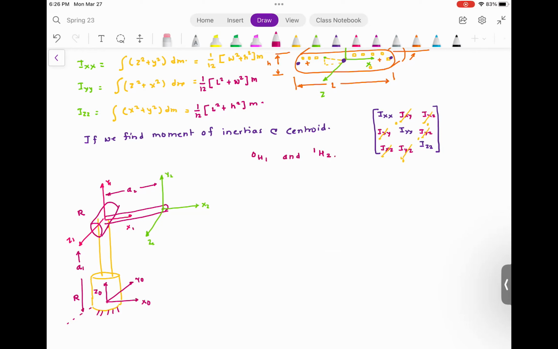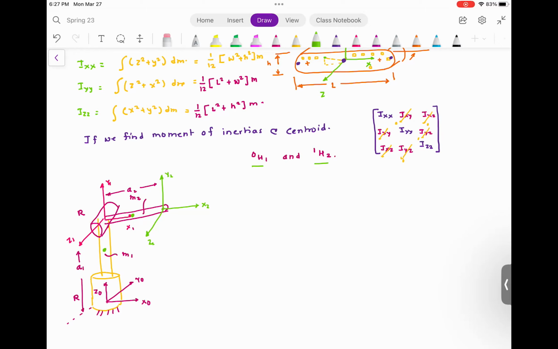Now here I have two links: the link with mass m1 and the link with mass m2. Mass m1 of this link is located here, and mass m2 of this link is located over here. I want to use this information to find the dynamical equations of motion. This lesson is very important. First we will solve the forward kinematics and find 0H1 and 0H2.